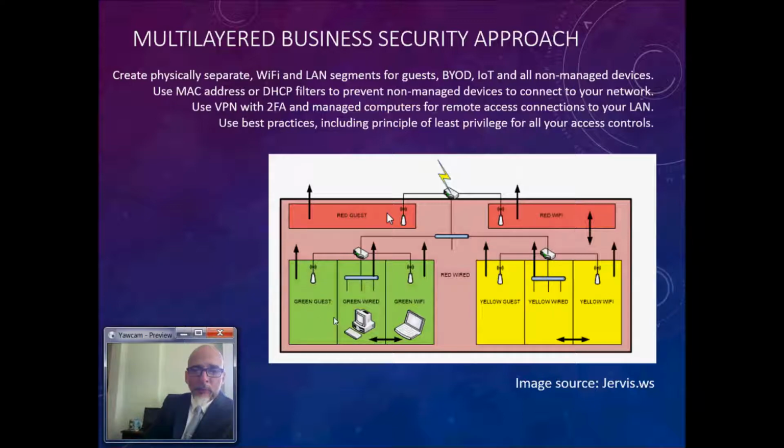And this is a zone where the devices are managed, everything has antivirus, everything is company owned, it's a secure zone. Then in every company you always have people that come in, they want to use your Wi-Fi, they want to connect to your network, you have employees that have BYOD devices. Create a separate zone for them, okay? And in this case you see here this yellow area, that's the unsecured zone.